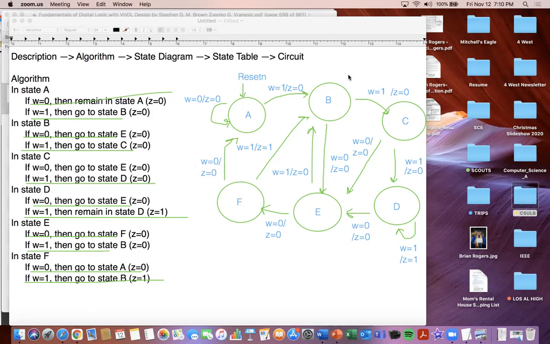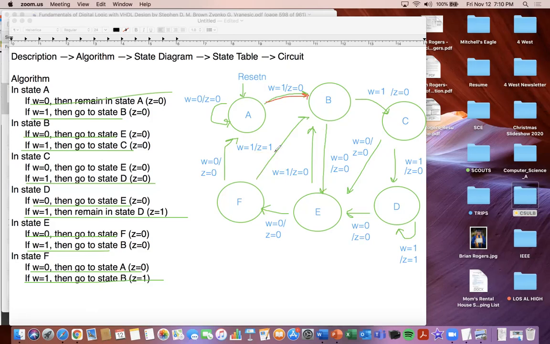Hopefully this sort of made sense. You probably won't understand it the first time, it's a little weird. So you had the 1, 1, 1, 1, and that produced the 1. So that was the correct sequence. Remember, the other sequence was 1, 0, 0, 1, and 1, and that produced Z as 1.